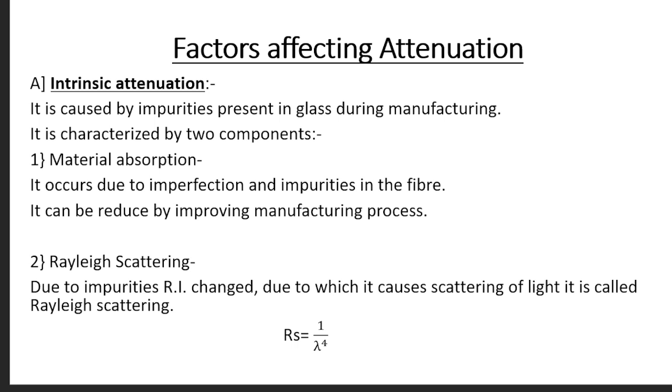When the light signal hits an impurity in the fiber, it may be scattered or absorbed. Based on that, there are two characteristics: material absorption and Rayleigh scattering. Material absorption occurs due to imperfections and impurities in the fiber, and this can be reduced by improving the manufacturing processes.